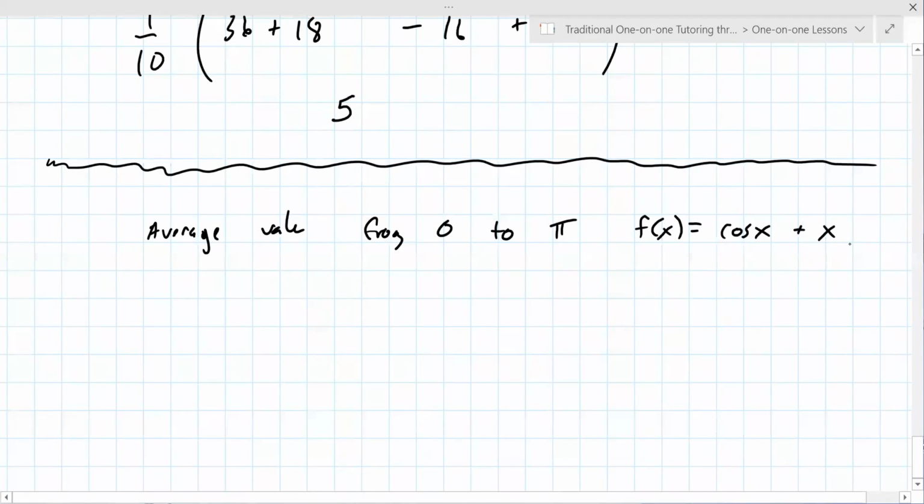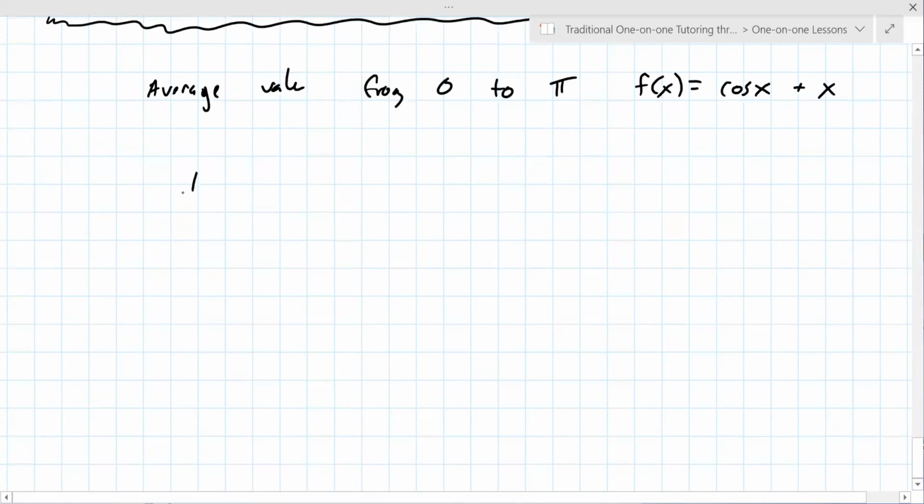Yep, so this would be 1 over pi minus 0, or pi, integral from 0 to pi of cosine x plus x.